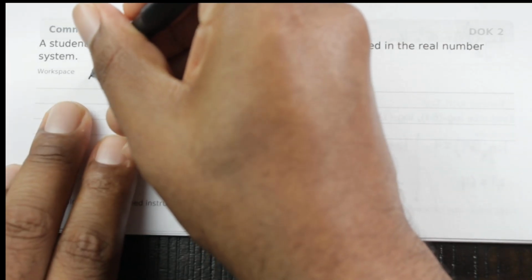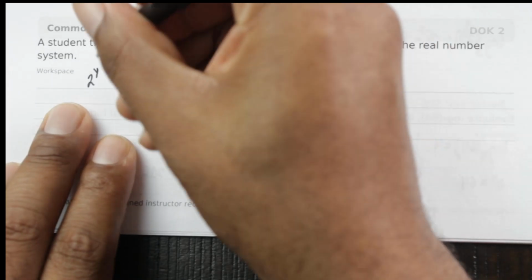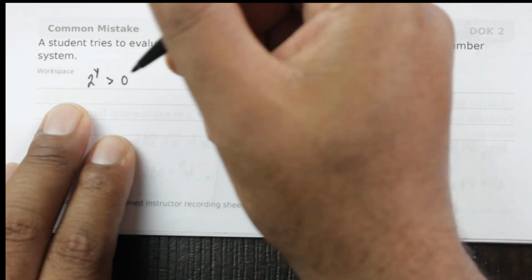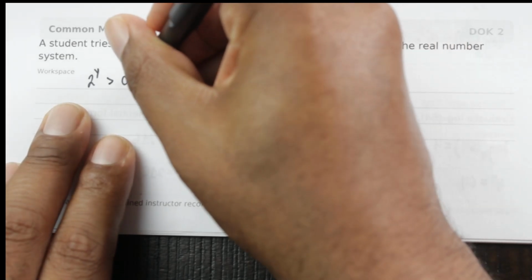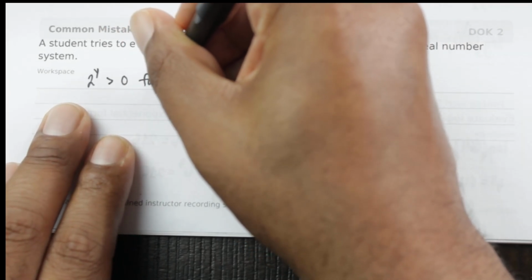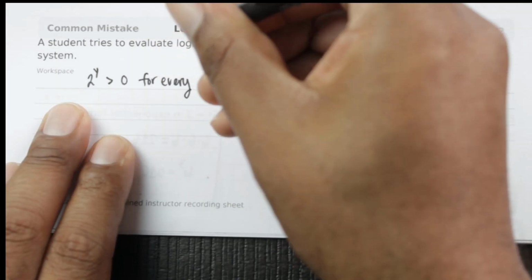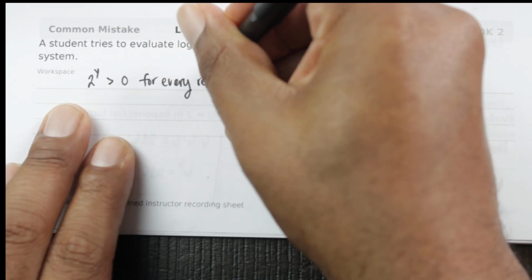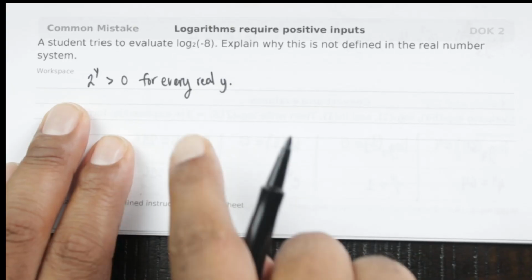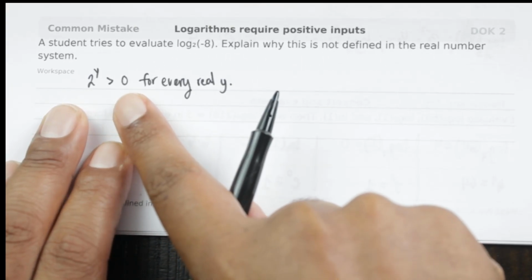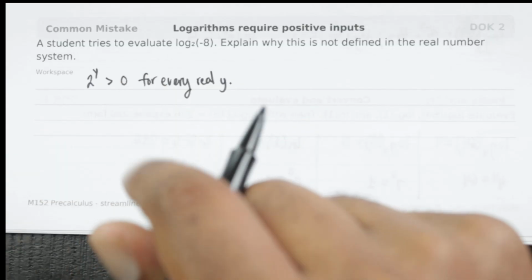Because 2 raised to any real number y is always going to be greater than 0.